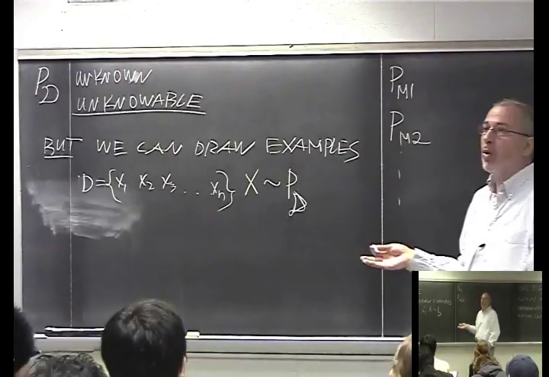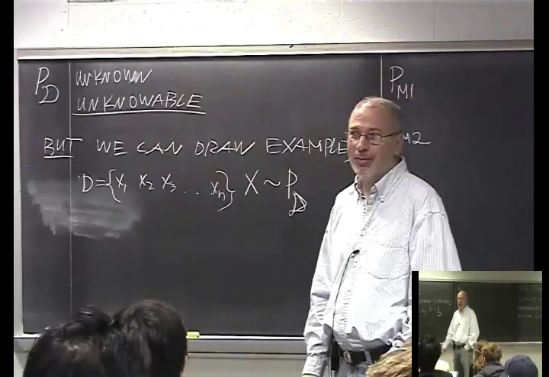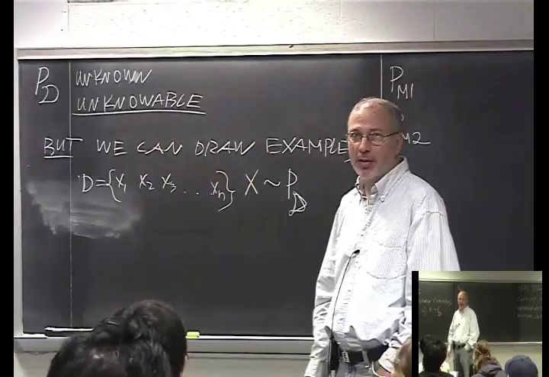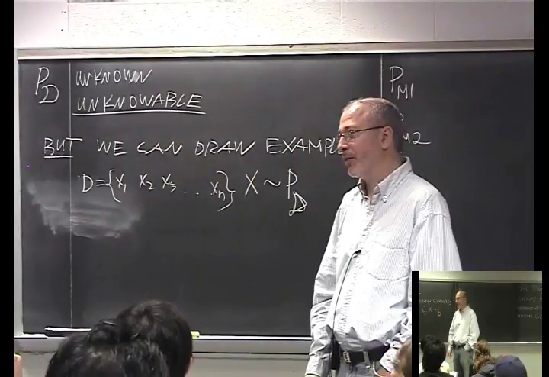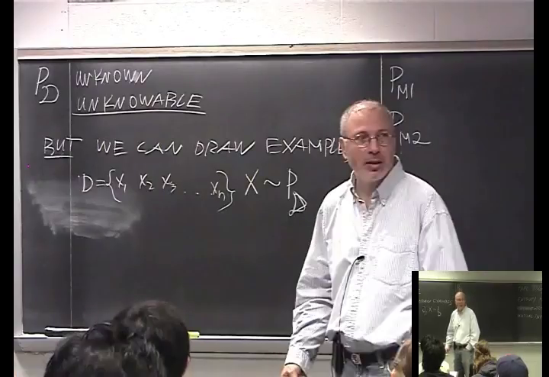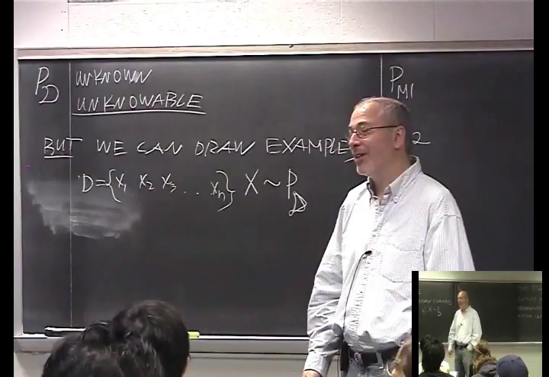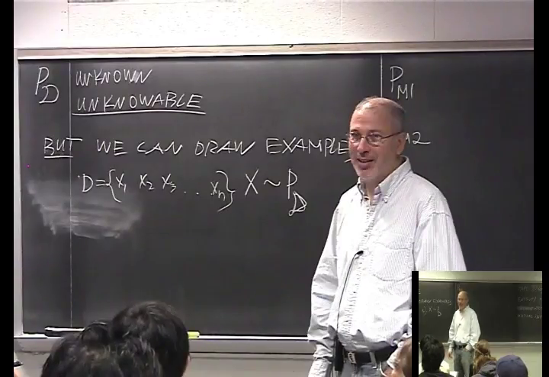And now we want to know who is right? Who has the real P sub D in their hand? And what's the answer to that? Nobody. There's no reason to think anybody has the right answer.